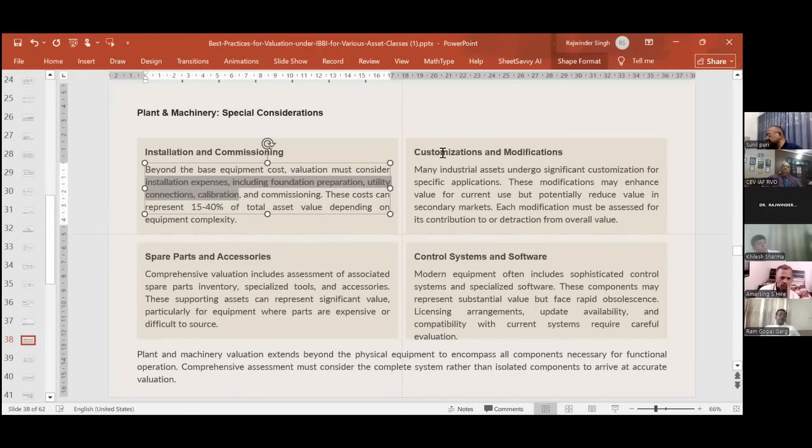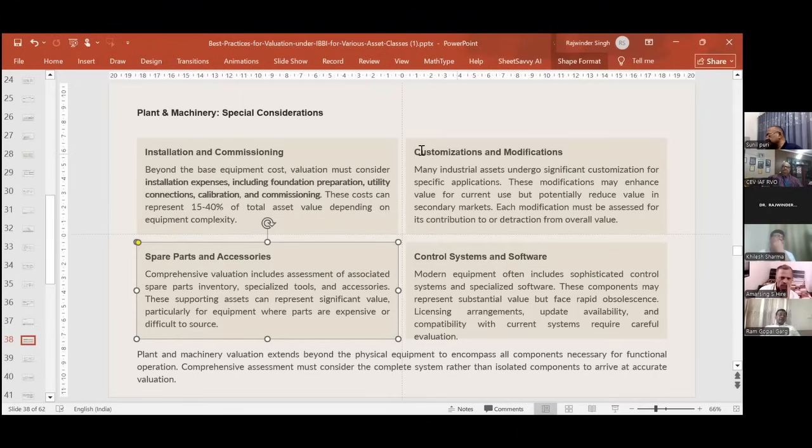Then there are modifications: you may carry out certain modifications in the equipment to make it fit for use in a particular industry. Many industrial assets undergo significant customization for specific applications.